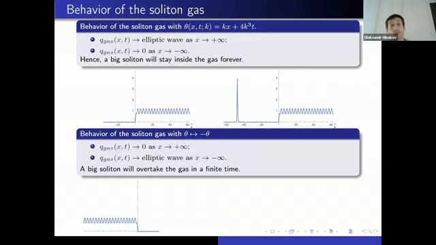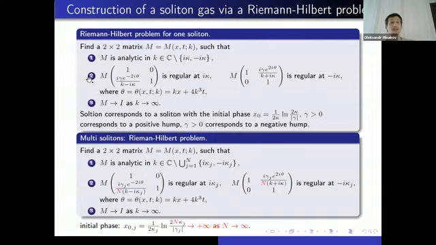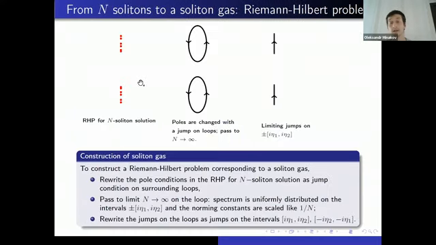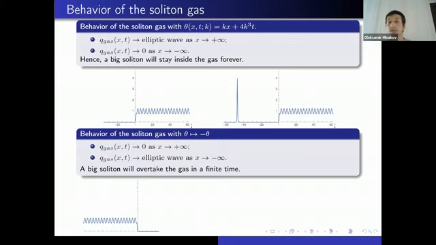On the other hand, we could also modify this construction a bit. If in these pole conditions, instead of this function theta, we substitute minus theta, it would also construct a potential for a solution of the modified Korteweg-de Vries equation, but with different properties. If we flip theta to minus theta, the soliton gas will occupy the negative half axis.